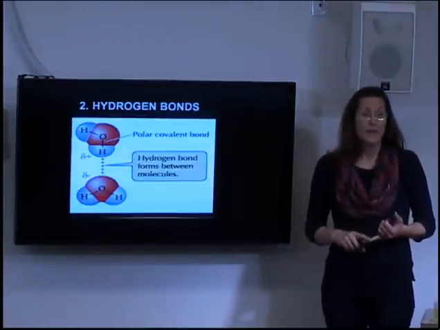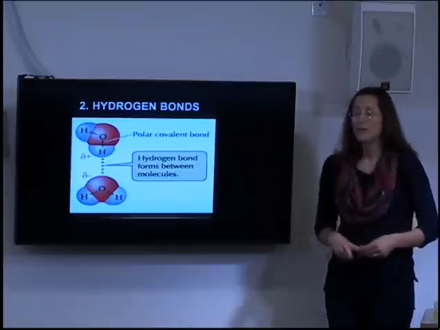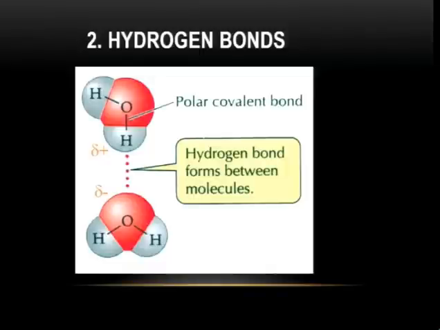All right, so we've talked about covalent and ionic, and now we're going to talk about hydrogen bonds. Hydrogen bonds occur between two polar covalently bonded molecules. So we just talked about water as having polar covalent bonds.